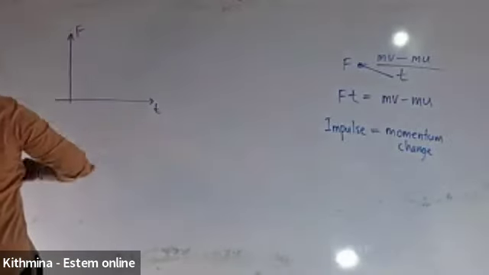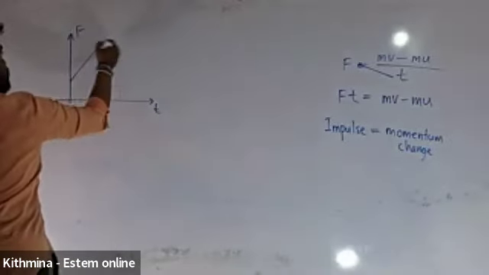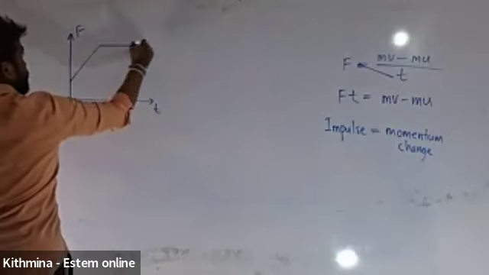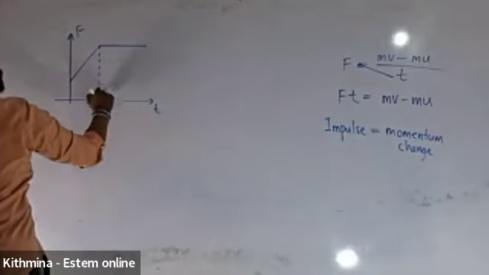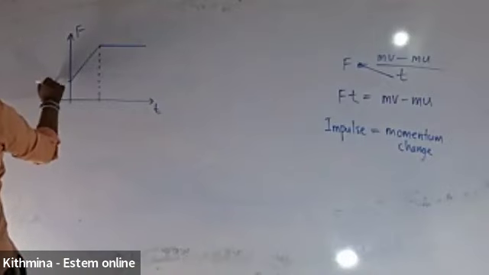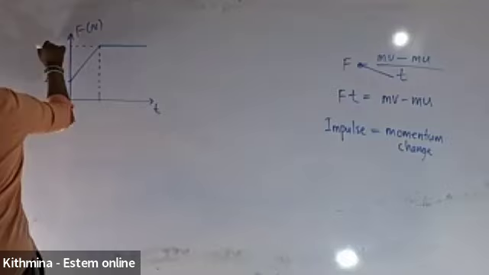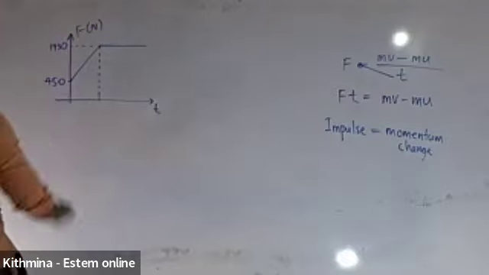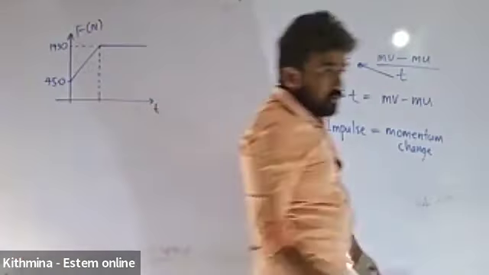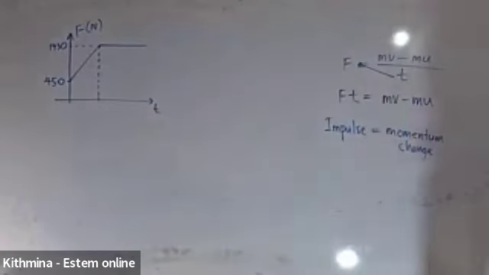I will give you an Ft graph. The Ft graph is this. This is 450 Newton, and this is 1430 Newton.